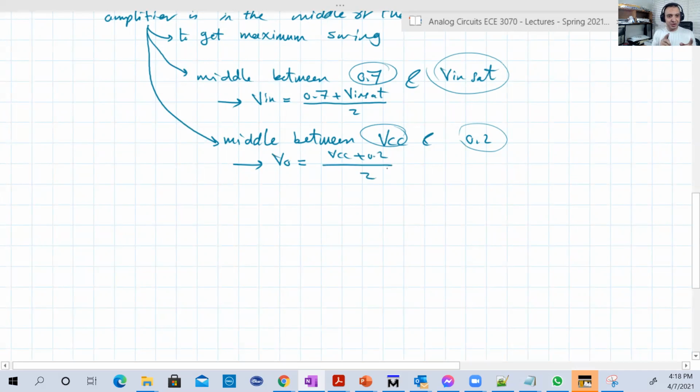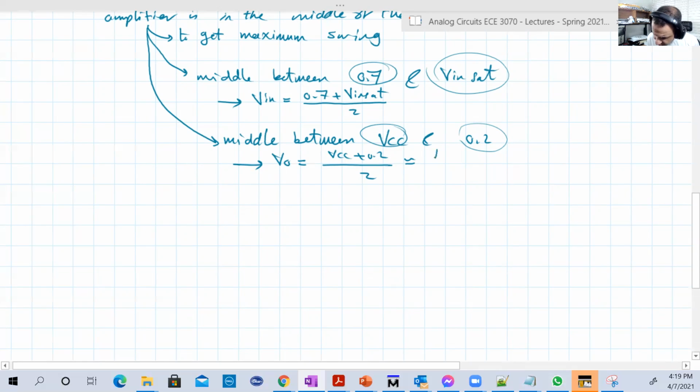When we calculate the average between 2 points, we add them together, then divide by 2. For example, 2 and 4, the average is 3, right? You can't say 4 minus 2 over 2. This will give you 1. But to get the average, which is 3, you should add 4 to 2, which is 6, then divide by 2, this will give you 3. That's what I have done here. VCC plus 0.2 over 2. Or you can just ignore 0.2. Usually VCC is 5 or 10, 12, 15, so 0.2 is really negligible.